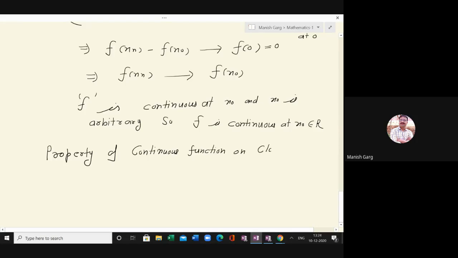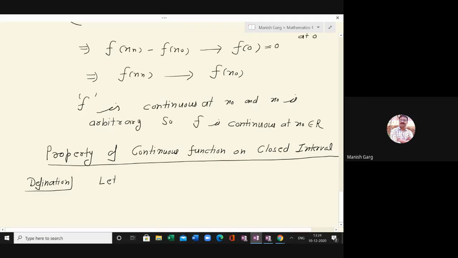On closed interval. What it says, first I give the definition. What is bounded?